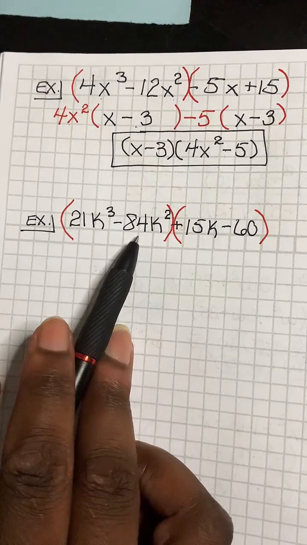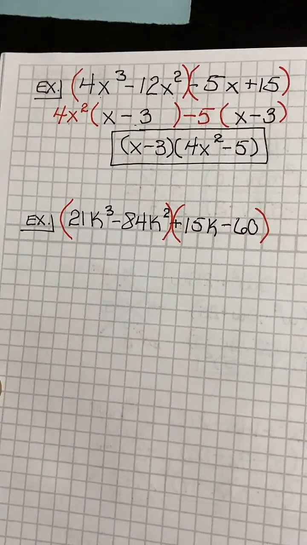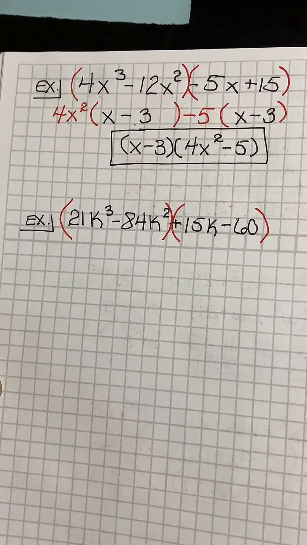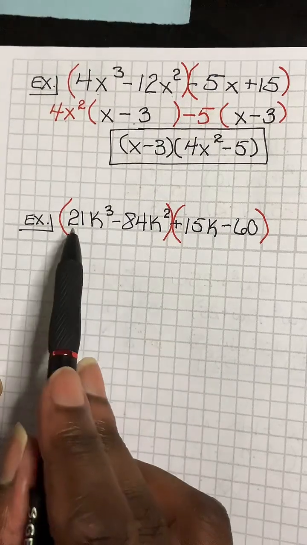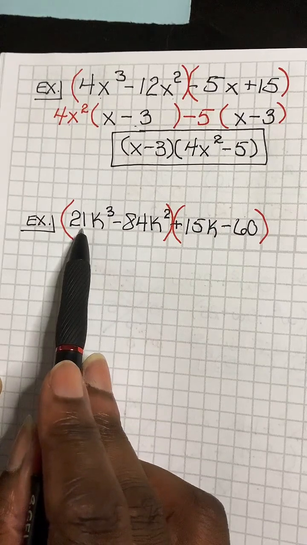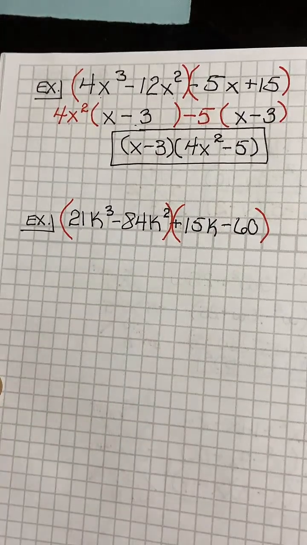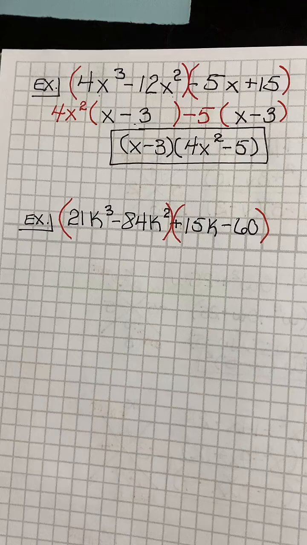So if we use, and I'm seeing some people wait. Okay, I'm waiting. So a couple of people are saying, what number does 21 and 84 have in common? So some people are saying 21. Ooh, okay.